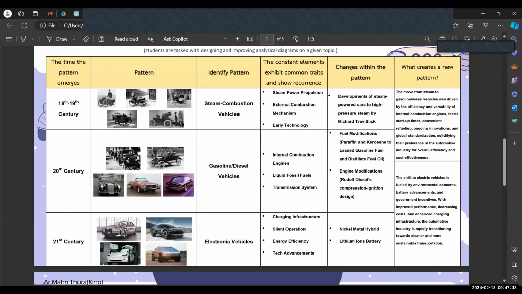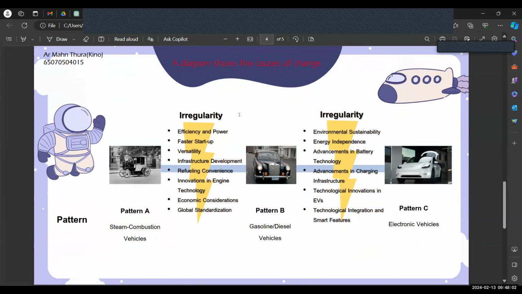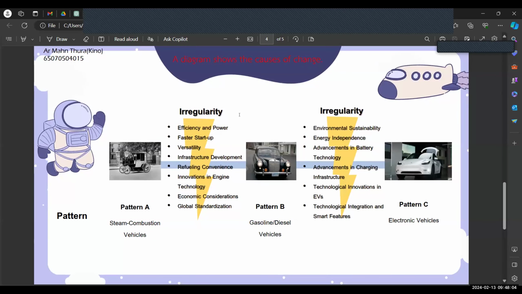So the changes from steam combustion vehicles to gasoline vehicles, we can see it here. The efficiency and power of the gasoline and diesel vehicles are greater.